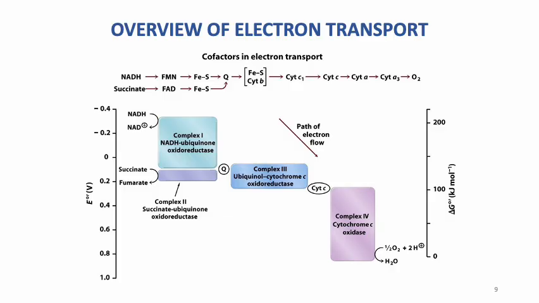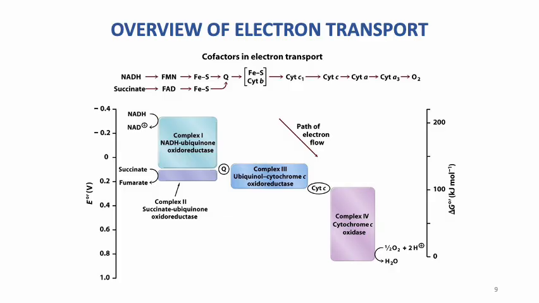And then from cytochrome C, they will go to complex 4, and eventually they will reach the oxygen. So the pathway of electrons will be from NADH, complex 1, complex 3, complex 4, eventually to reach oxygen to reduce it to water, or from complex 2 to complex 3 to complex 4, eventually again to reduce oxygen to water.